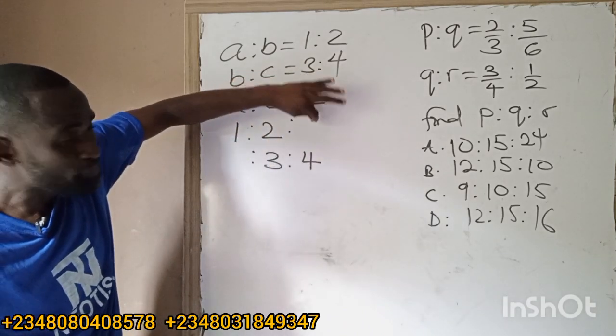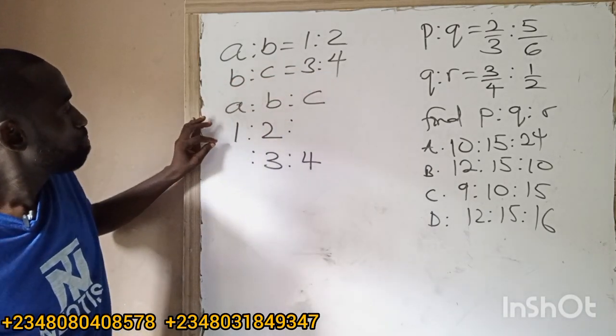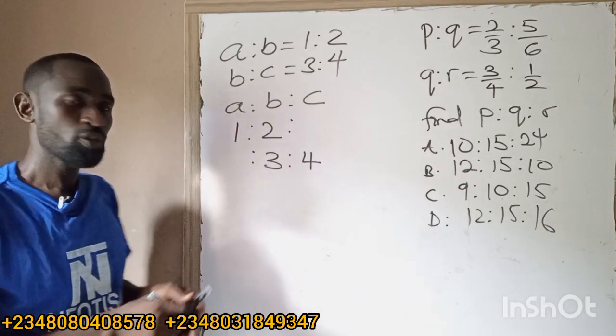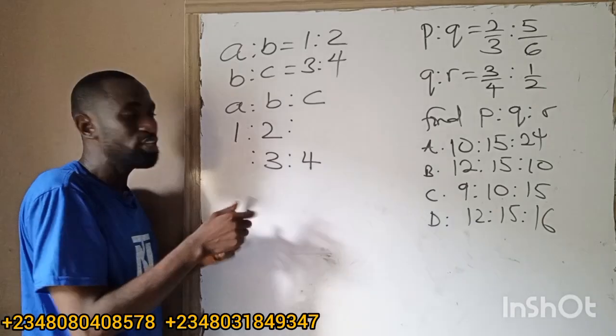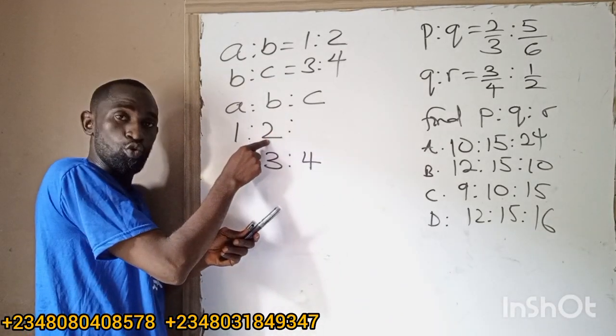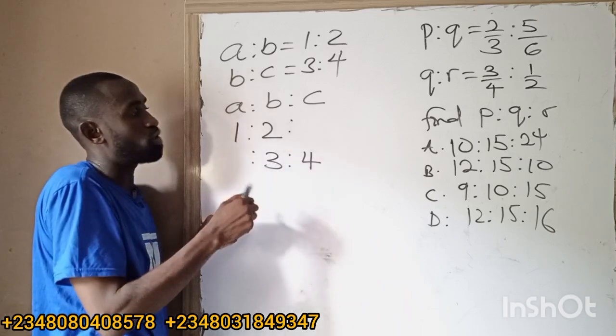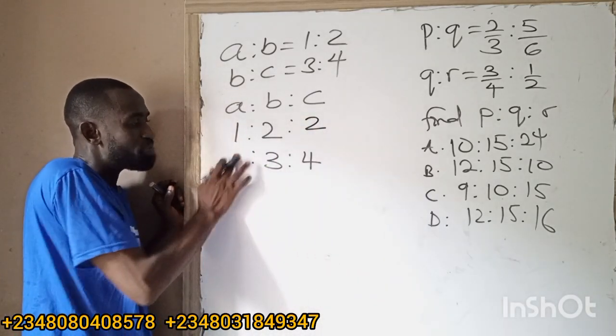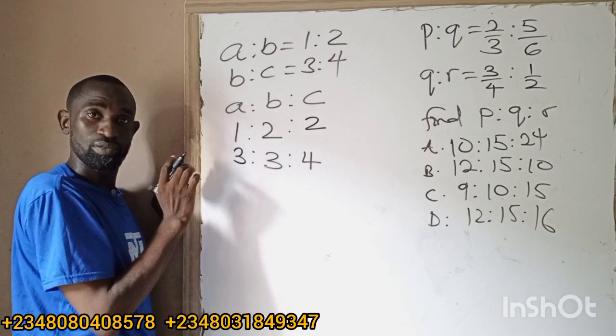I fill this empty space with the number closer to it. Between 1 and 2, the number closest to this place is 2, so I put 2 here. Between 3 and 4, the number closer to this space is 3. You get the logic now?